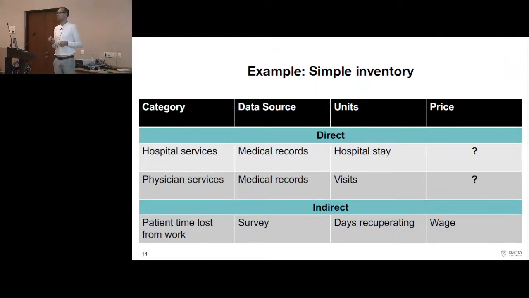I will talk about how to get the price in a second. When we want to measure patient time lost from work, we would probably ask the patients how long they were unable to work, unless we keep the patient in the hospital, and in that case we know how long they were there, ergo not working.